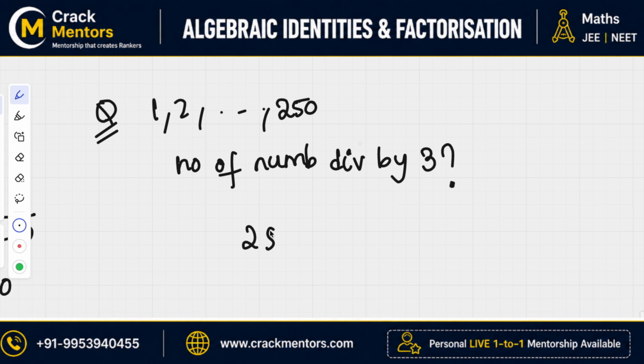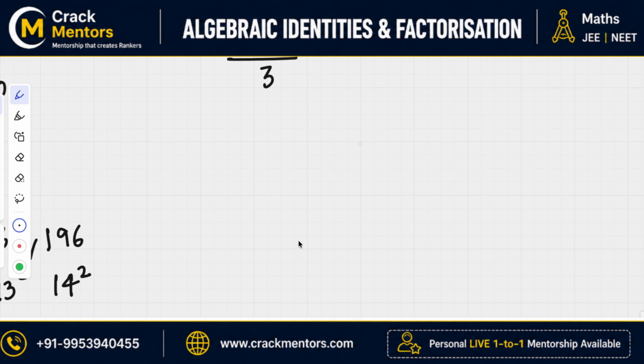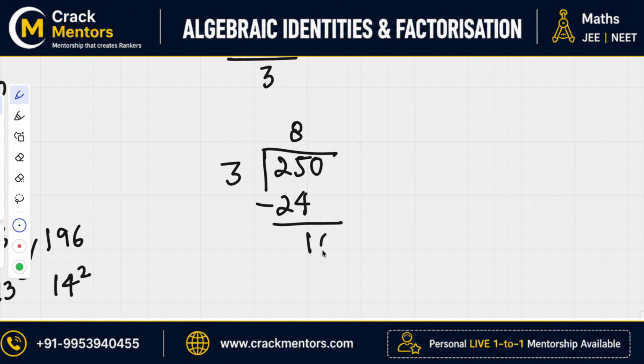Since it's starting from 1 only, you can just divide it by 3 and give the whole part as the answer. So let's divide it. 8 times 3 is 24, and then 10. So 83 point something. So my answer is 83, that there are 83 numbers.